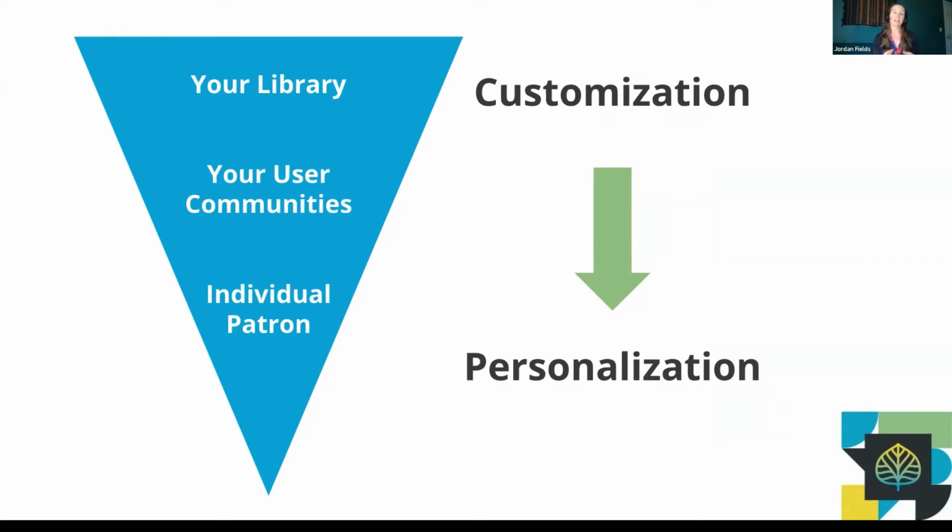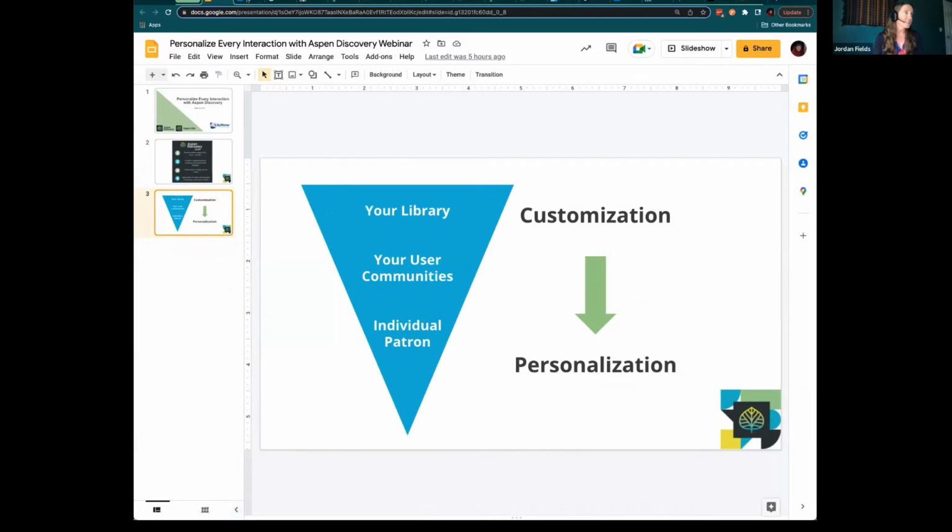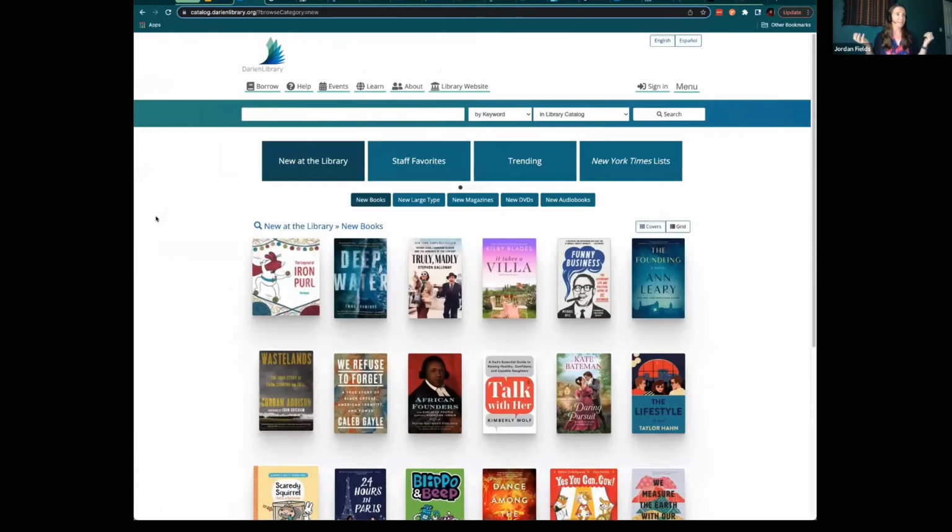Like I said earlier, that might be languages that they speak, that might be ages, that might be events, or even specific materials that certain user groups might want. And then we'll be diving into personalization, what we can do at the individual patron level so that when a patron logs into Aspen, it is their Aspen. So enough about that. Let's go directly into our partner example sites.